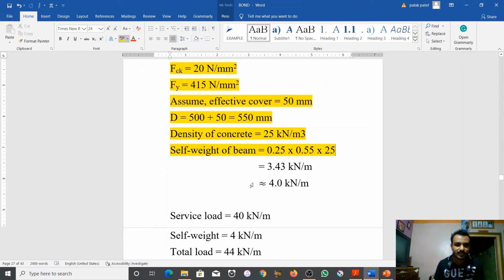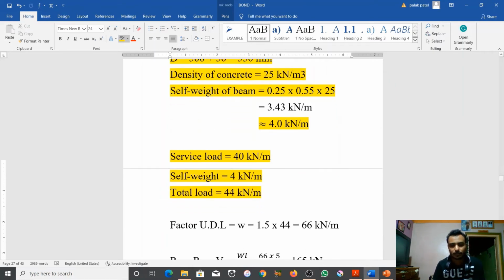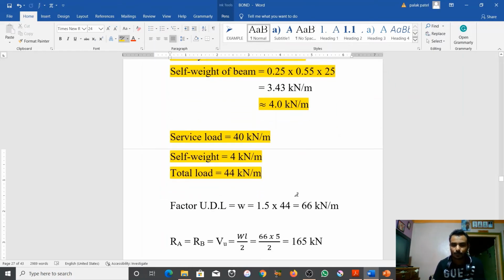By this equation we get self weight of beam as 4 kilonewton per meter. Then the service load is 40 kilonewton per meter. So 40 plus self weight 4, we get total load 45 kilonewton per meter. So 45 kilonewton per meter is the total UDL. Okay, so we need a factored UDL.